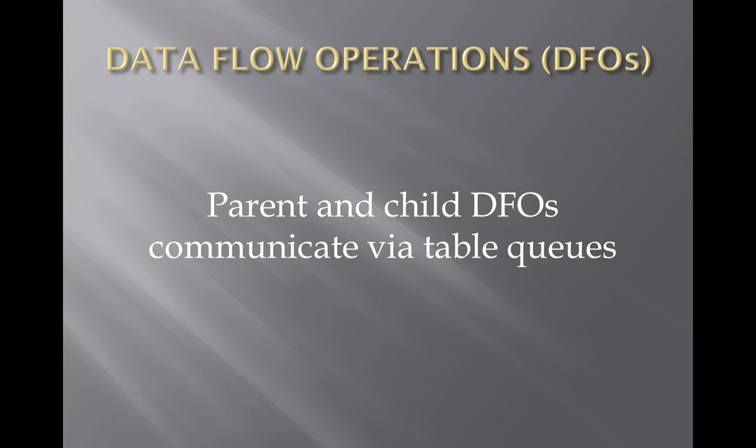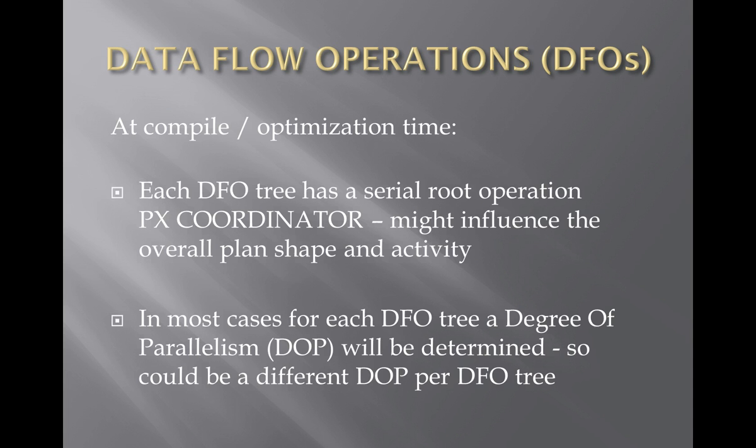So table queues are a kind of memory construct that can be used by the parallel execution servers to talk to each other to exchange the data for redistribution. And of course, if you think of a cluster with several instances, then table queues do not only communicate via memory, but the data needs to be exchanged via the interconnect, via the network.